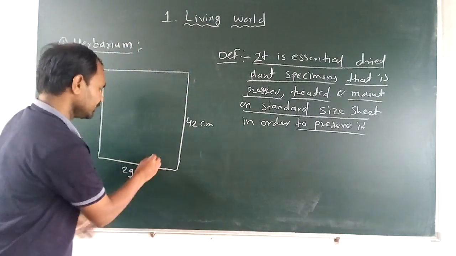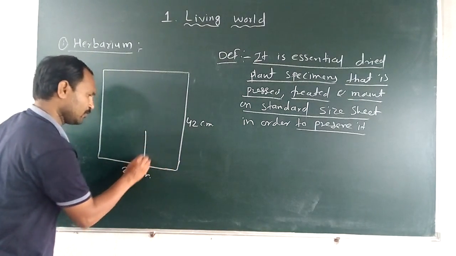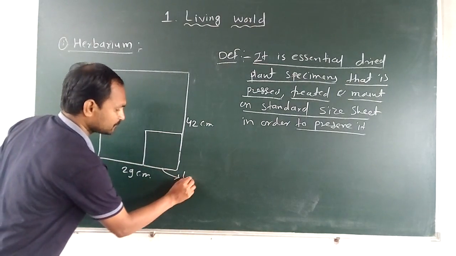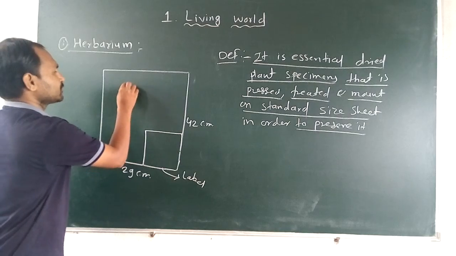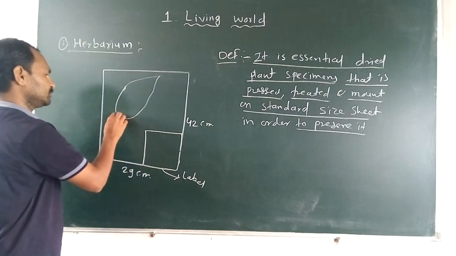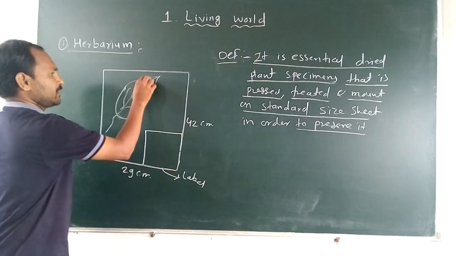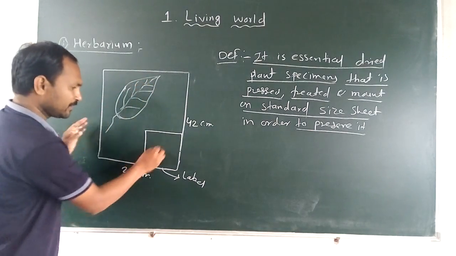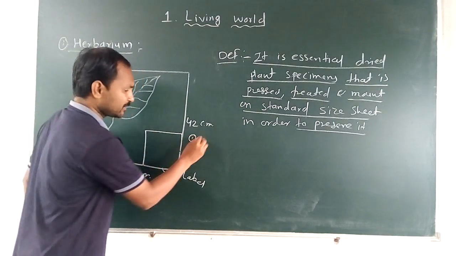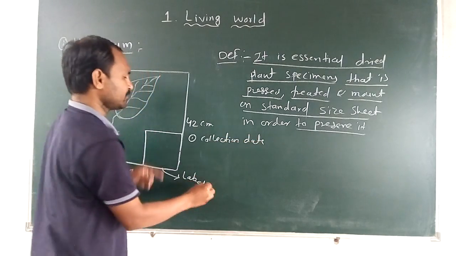Now in the lower right corner, there is the labeling. Here is our specimen. Suppose here is any leaf of a plant. That can be pressed and mounted, and in the labeling, first is the collection date, on which date we collected this specimen.